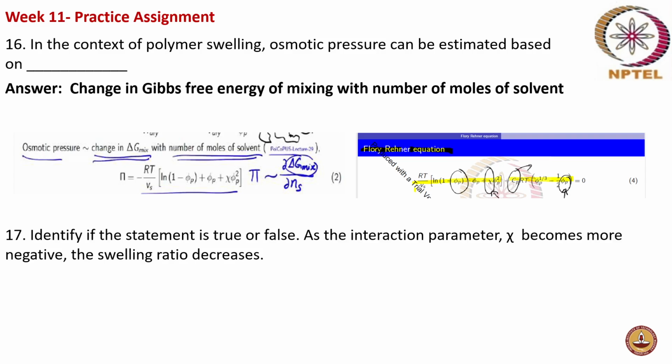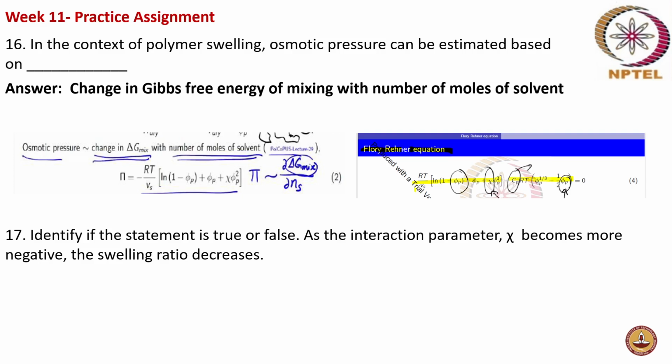Now next, identify if the statement is true or false. As interaction parameter chi becomes more negative, the swelling ratio decreases. Is it true that when chi becomes more and more negative, the swelling ratio is decreasing?